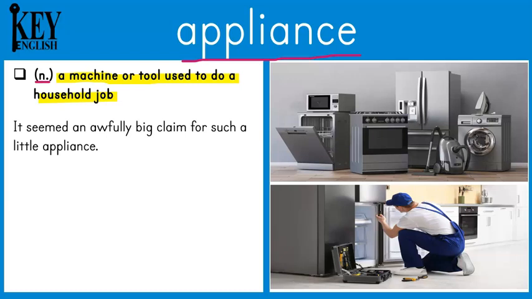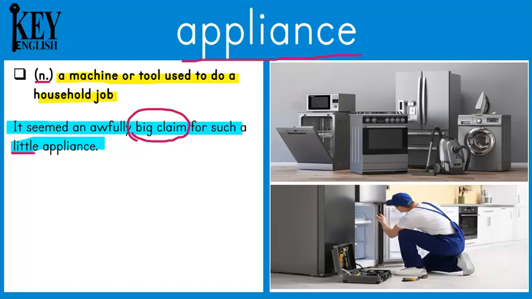The example sentence says, "It seemed an awfully big claim for such a little appliance." This sentence can be a little bit confusing, but it's talking about how there is an appliance that is small, and that appliance, maybe they made a big claim.